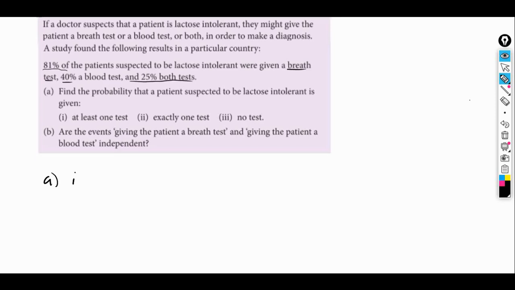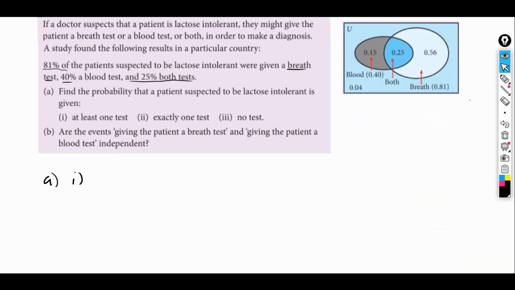Letter A, find the probability that a patient suspected to be lactose intolerant is given: 1. At least one test. 2. Exactly one test. And 3. No test. For this, we're going to use a Venn diagram because we have the condition that there are people taking both tests, so there's an intersection between both of those events.